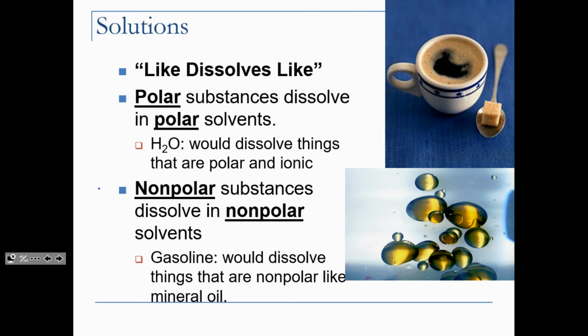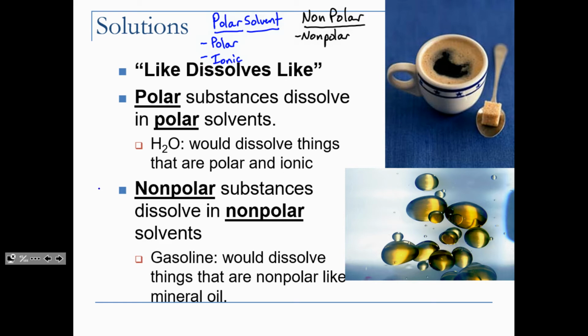So if you want to summarize, if you have a polar solvent, that will dissolve polar things and ionic. If you have a nonpolar solvent, it will only dissolve nonpolar solutes.